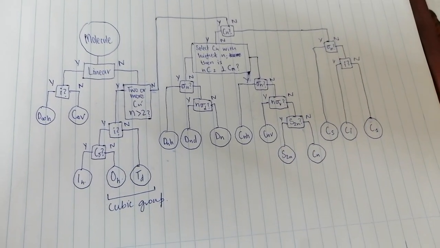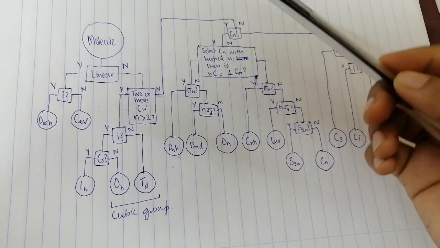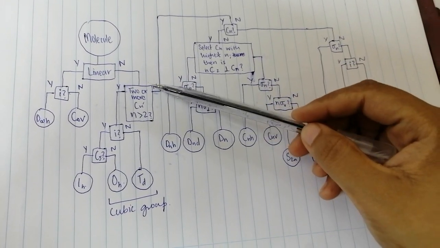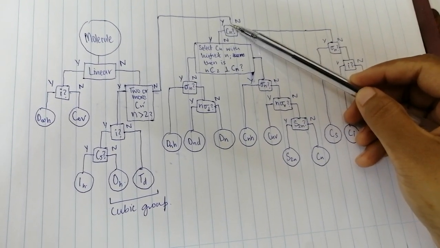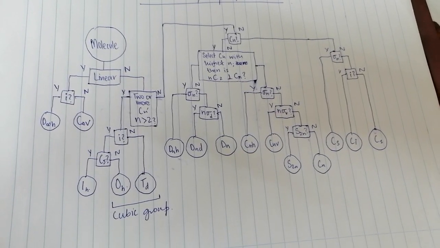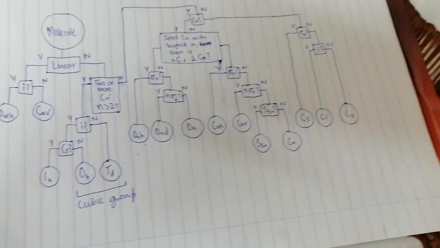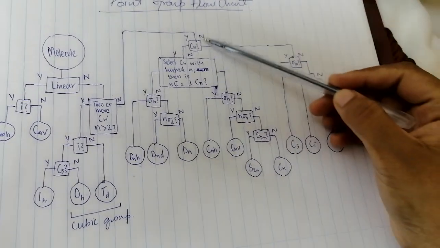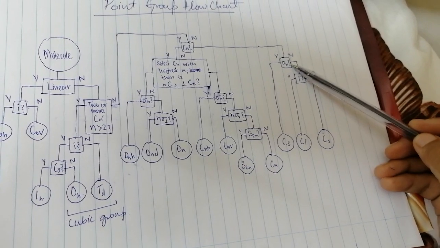hexachlorophene. If the molecule then does not have multiple C3 or higher rotational axes, so we're going to go to this part, right? Then we must identify whether it even contains any rotational axis. If the molecule does not contain a rotational axis, we go right here.